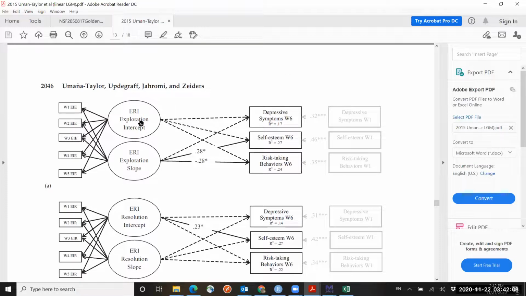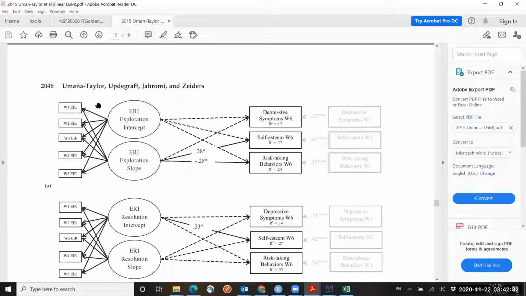This is their full structural equation model. The first part of it, just the unconditional latent growth model, is the left part of this drawing here. They measure ethnic identity exploration with 5 waves of measurement, as shown in this drawing.